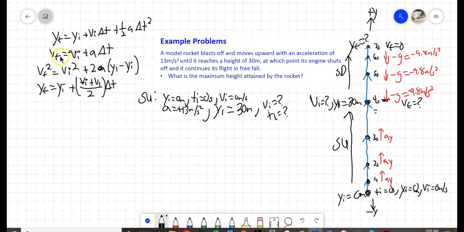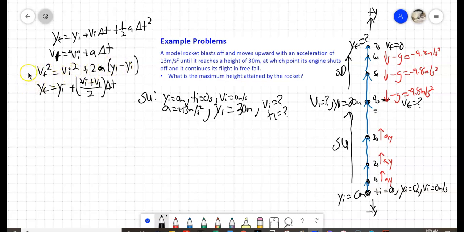We don't know v1, and also delta t. Here we don't know what delta t is, but we do know everything else. And over here we don't know v final, but we have everything else.